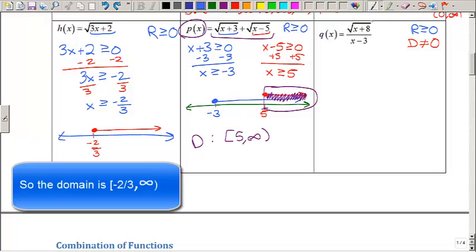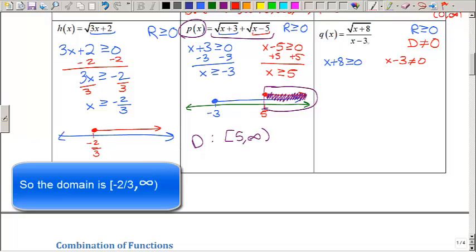You can think of this as two parts of your function. The even root function has its own invitation list. X plus 8 has to be greater than or equal to 0. That's what's going to satisfy him for his domain. Similarly, on the denominator, x minus 3 cannot be equal to 0.